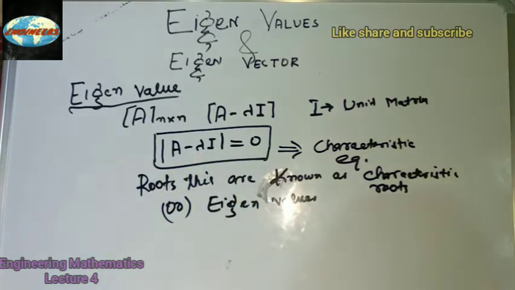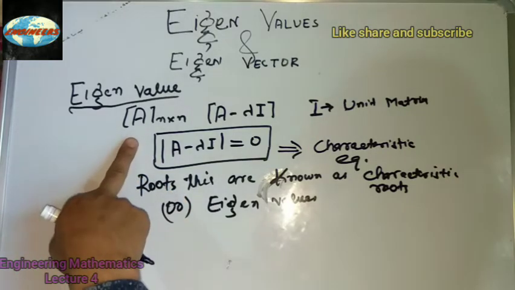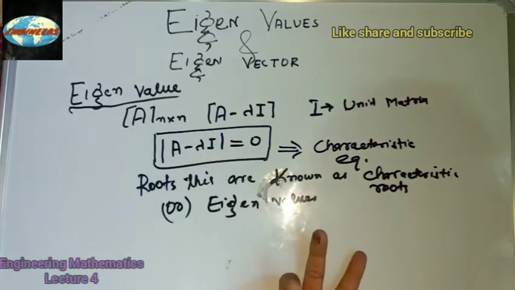If it is a cubic, there will be 3 roots. If it is a quadratic, there will be 2 roots. Or we can say if the order is 2 cross 2, 2 roots will be there; if the order is 3 cross 3, 3 roots will be there. So this was about eigenvalues.